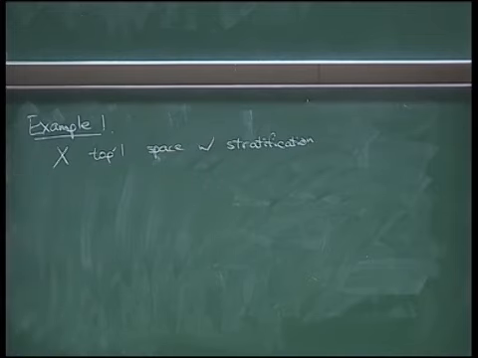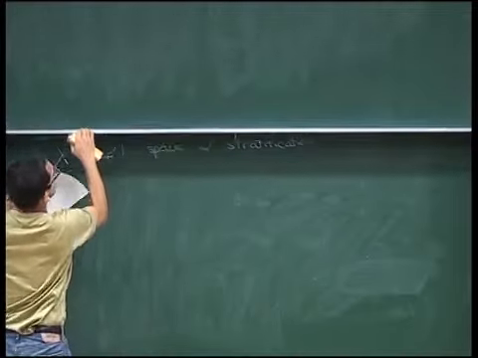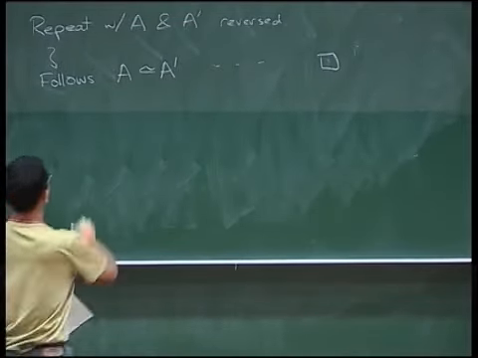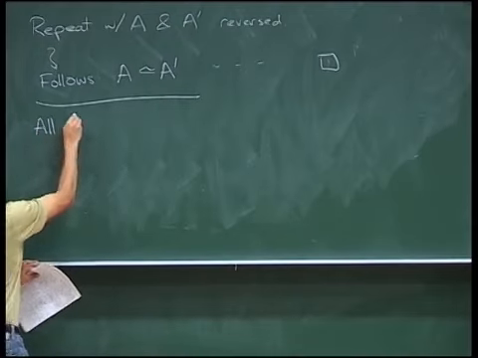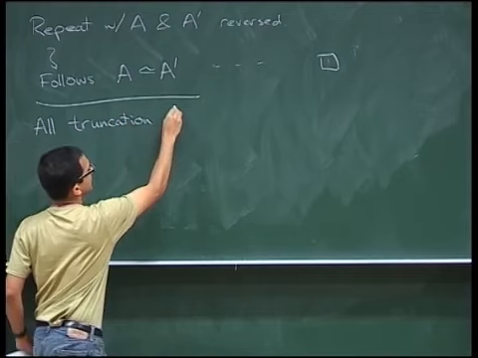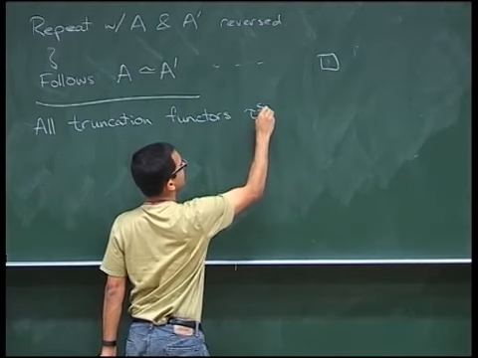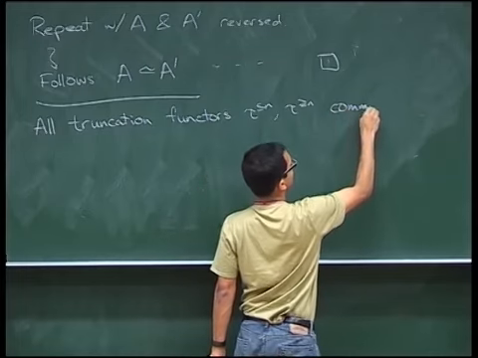Oh, sorry. Before I do that, I want to mention a couple other things about truncation functors. So all the various truncation functors, tau less than or equal to n and tau greater than or equal to n, commute with each other.